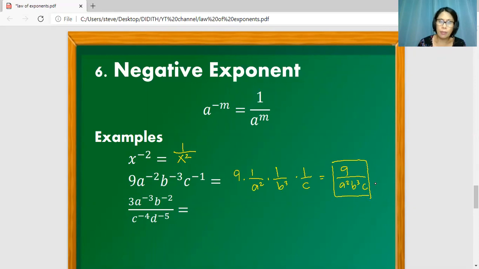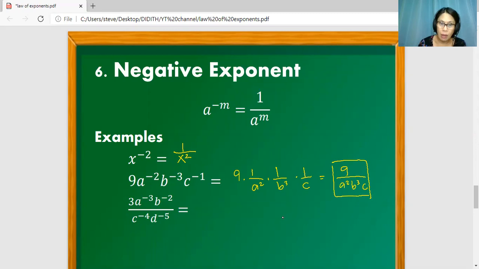So for the last example, what we will just do is to transfer an expression with negative exponent to the other place. Like if it's situated on the numerator, it has to be transferred to the denominator and vice versa. So for example, A and B will be transferred to the denominator while C and D will be placed on the numerator.